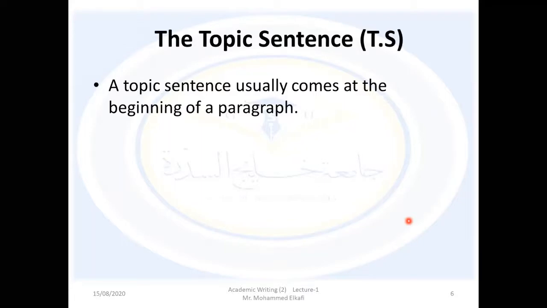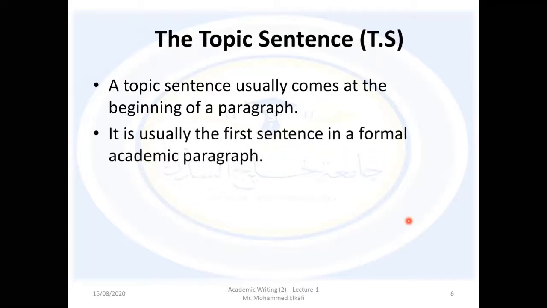When we say at the beginning, that means we'll find it in the first position, at the first sentence of the paragraph. Sometimes it will not be the first, maybe it's the second. But because we are talking about academic writing, and we want to build up some type of rule for our writing, let's say it's the first sentence of the paragraph.